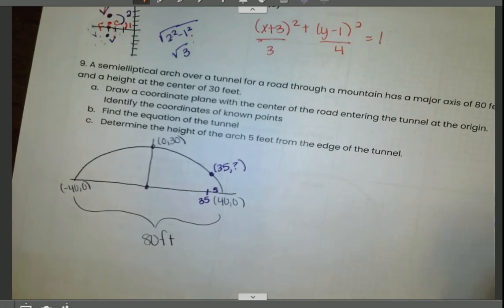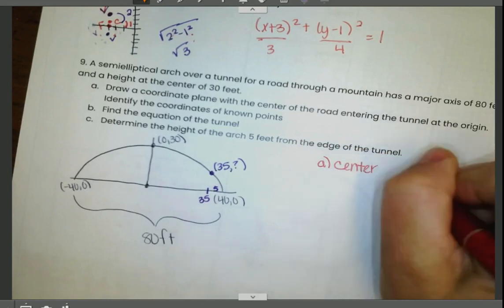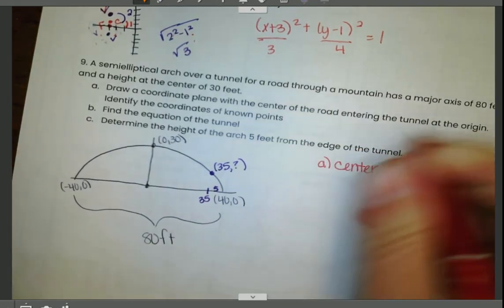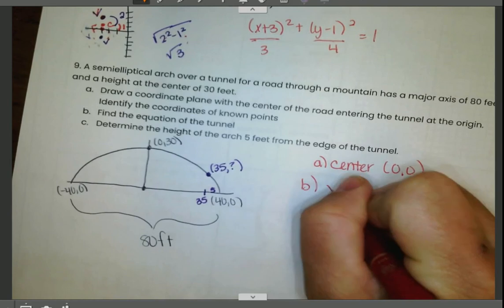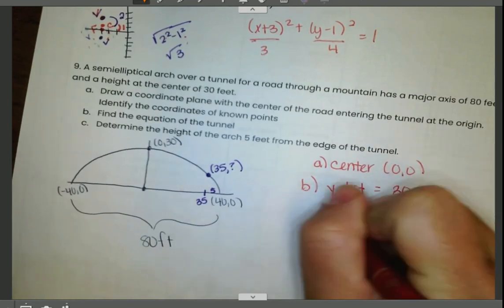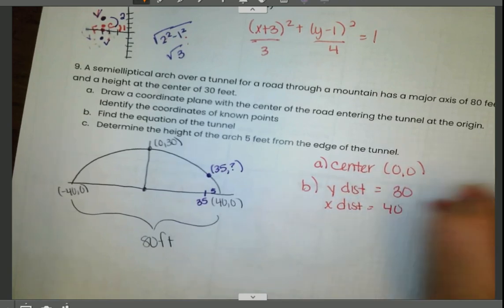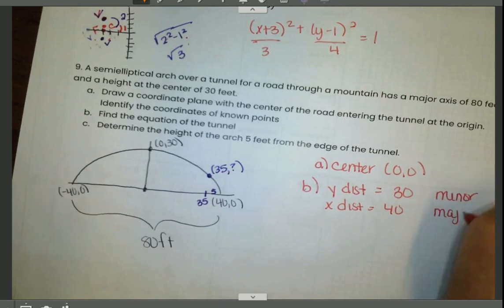So we already know our center is going to be at the origin. Our y distance is going to be 30. Our x distance is going to be 40. So y is the minor, x is the major.